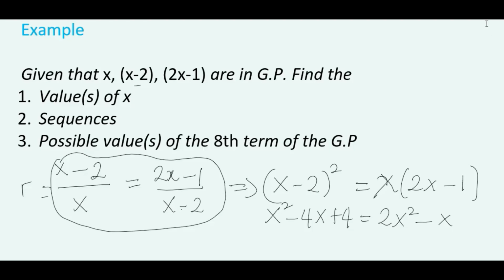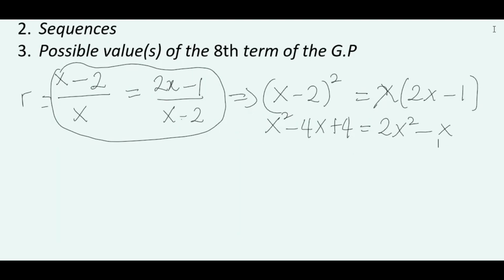So we can now continue in this way. We can take the x squared to the other side. So we have 2x squared minus x squared. This minus x now will come here, minus x plus 4x.